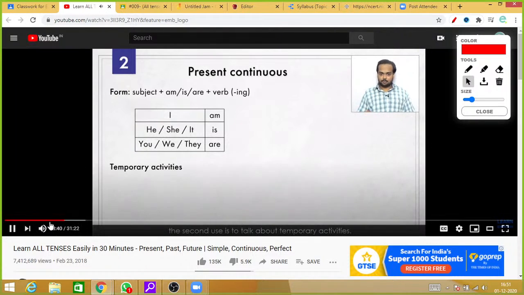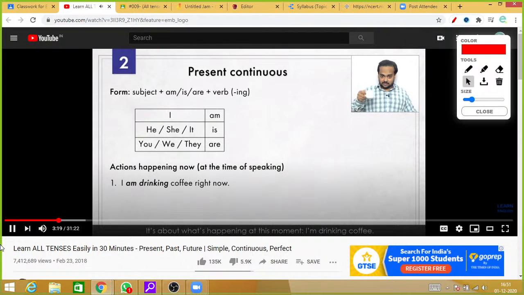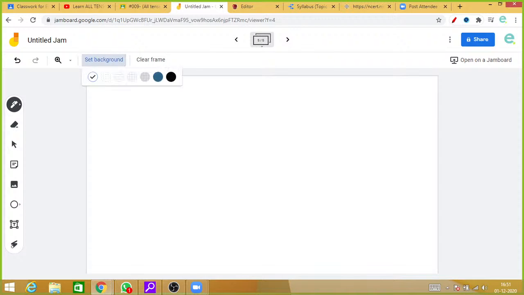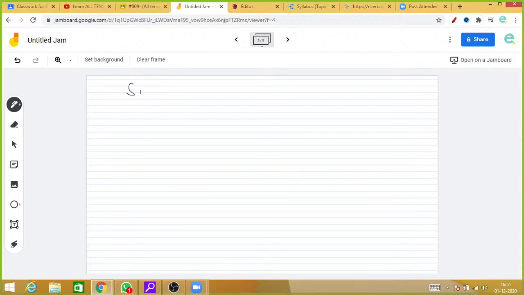So, wait. The first thing that he is talking about is actions happening at this time, as we speak. So, when do we use present continuous? Simple present continuous.